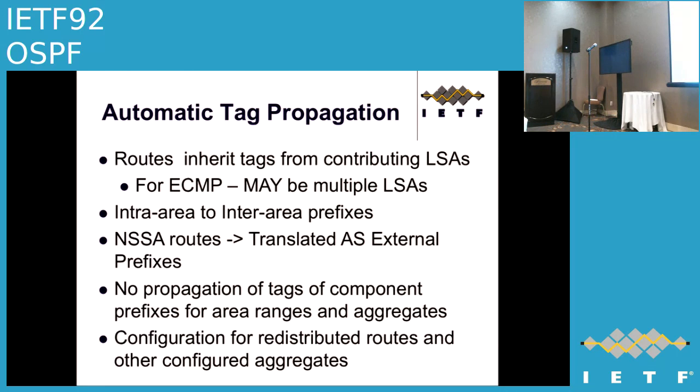I think that adds complexity in NSSA. If somebody wants to do that, they can do that with these tags as well. So normally you configure your tags for ranges, either NSSA or area ranges, or for redistribution, you configure a redistribution policy to set tags.